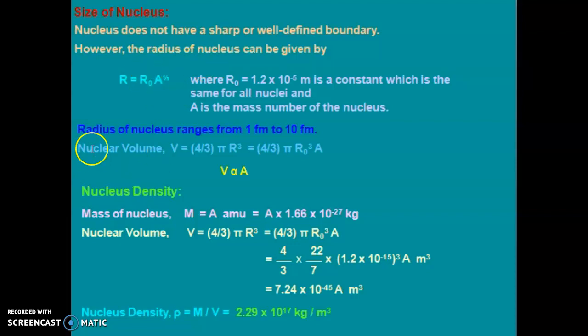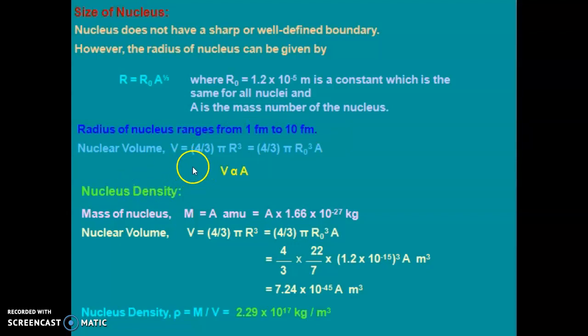By removing the proportionality, we equalize the formula by inserting a constant, that is R naught, where R naught has the value 1.2 into 10 raised to power minus 15 meter. It is a constant which is the same for all atomic nuclei. Radius of a nucleus ranges from 1 Fermi to 10 Fermi. As we know, 1 Fermi is 10 raised to power minus 15 meter.